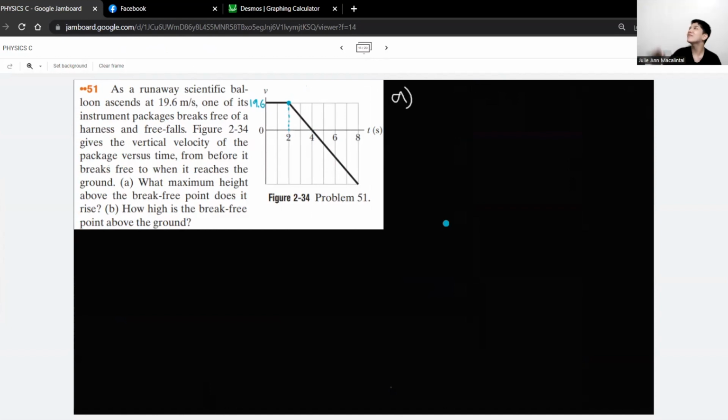If it drops a bomb, the moment it drops the bomb, it's still going up. Hindi pa natin pinag-uusapan yung projectile motion. Newtonian mechanics pa rin lahat yan. Pero yun nga, you're letting go of the object.